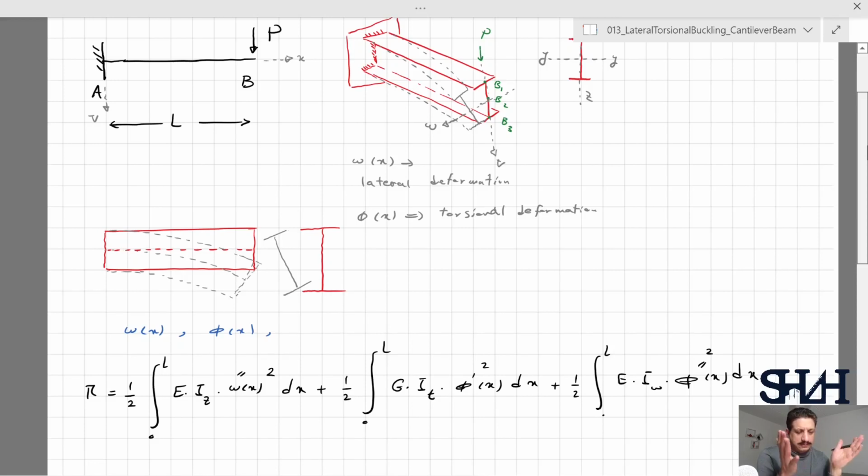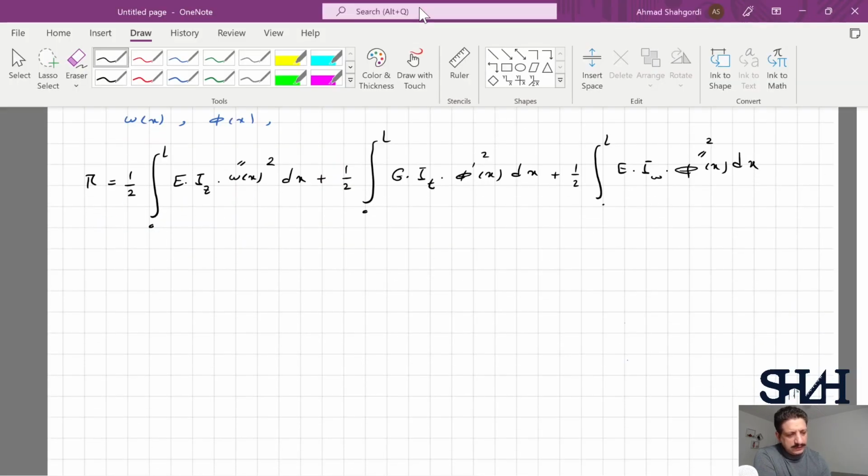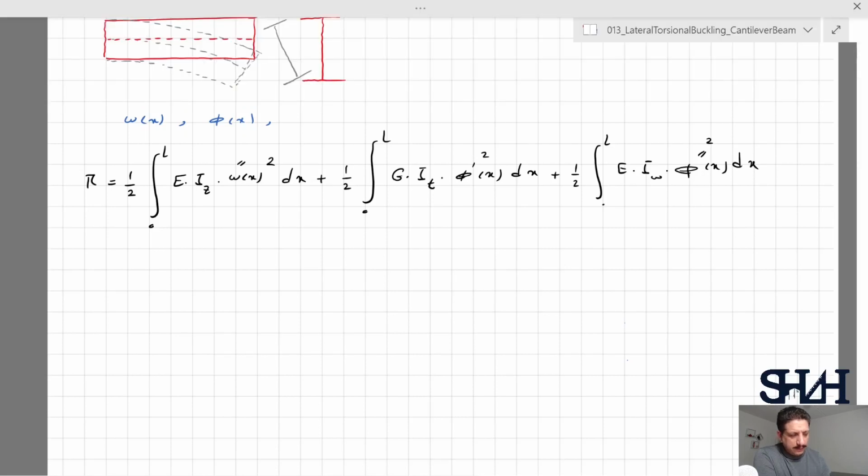I think in 1940, there was a scientist named Winter who wrote a very nice explanation how to calculate the effect of force out of the plane of the bending and how to calculate what is the energy in that direction. So if you are interested, it is written in many books.